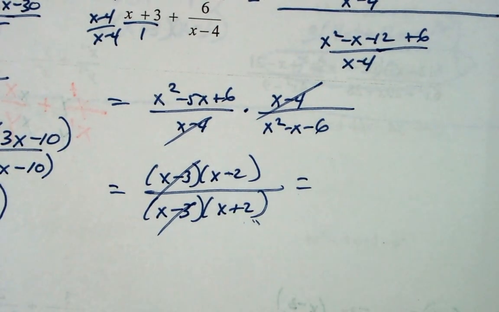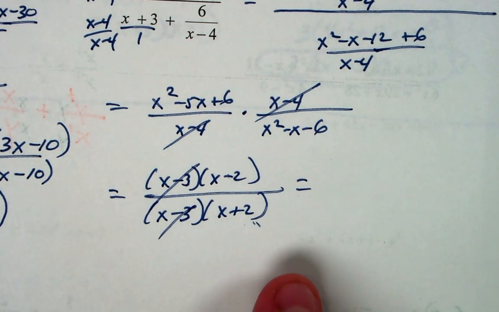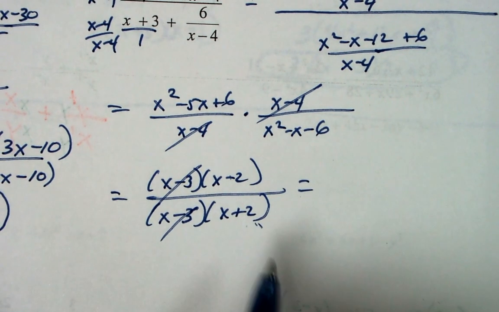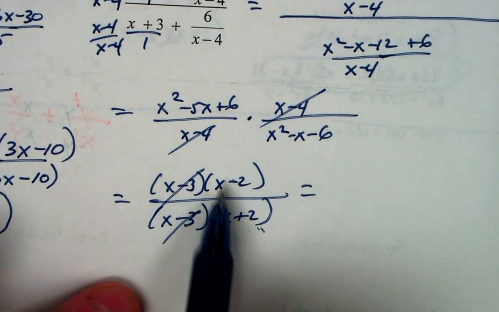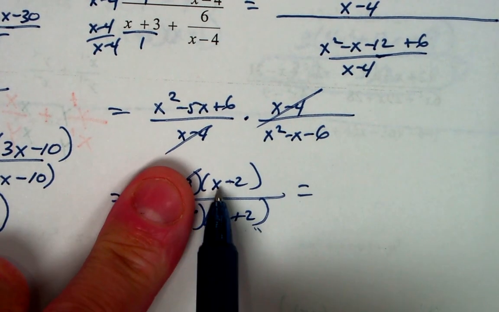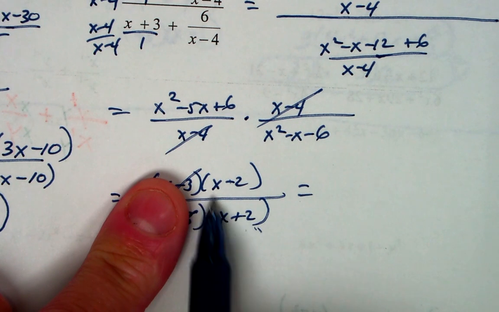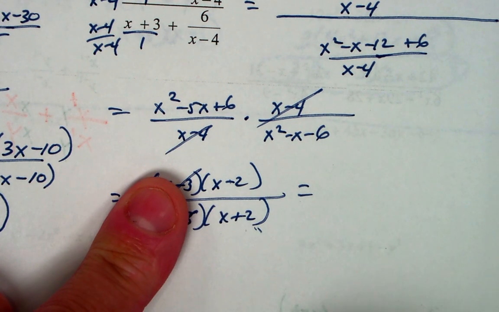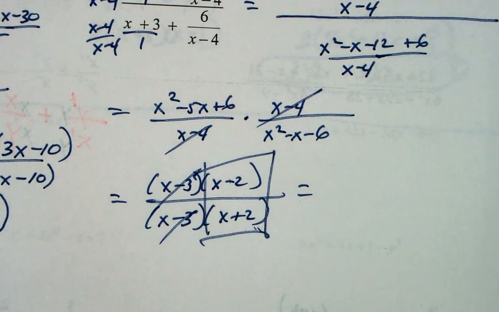I meant the x's, not the x plus or minus 3's. These x's are gone. Can I cancel these x's? No, I can't, because the main operation is addition or subtraction. There we go.